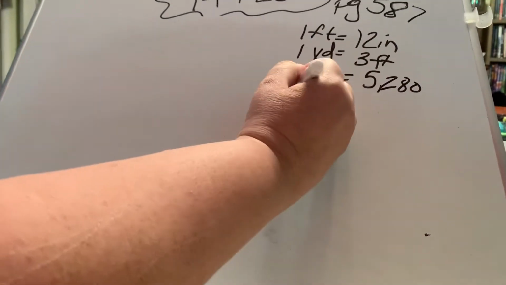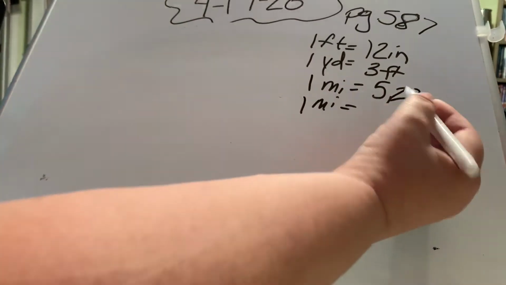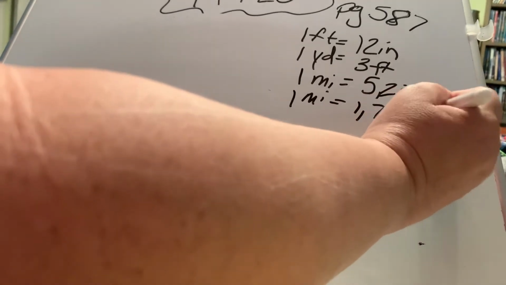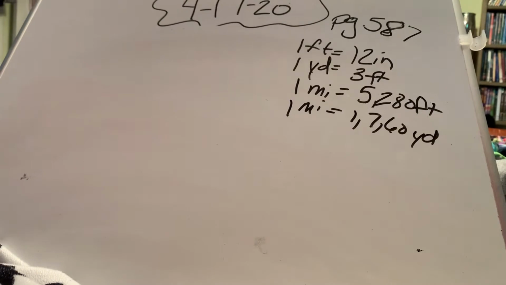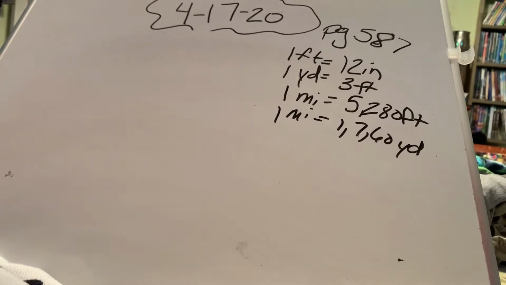And I would go ahead and just convert it to yards too. 1 mile is the same as 1,760 yards. Oops. Okay? So go ahead and put a little chart at the top of your page so that while we're working on it, you can remember.